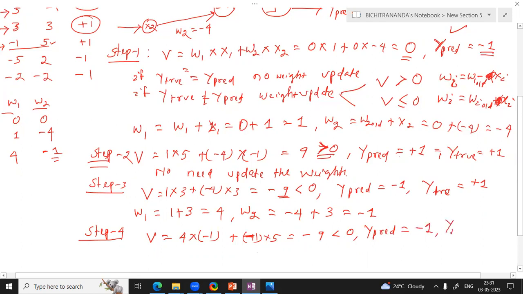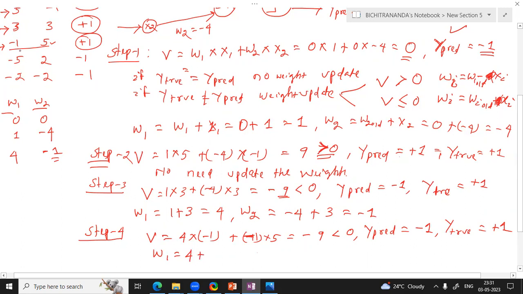And what is my y real part, the true part? In this case it is plus also. So it is also not matching. So again, what is going to update? So how can I do the updation? Since the value is less than 0, my w value is going to increase. Okay. So now w1 equal to previous w 4 plus x.